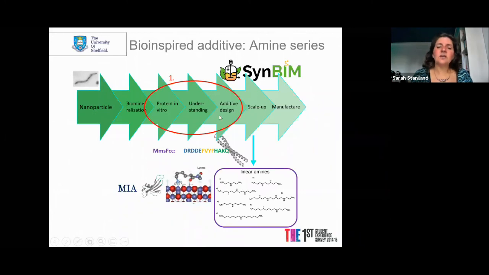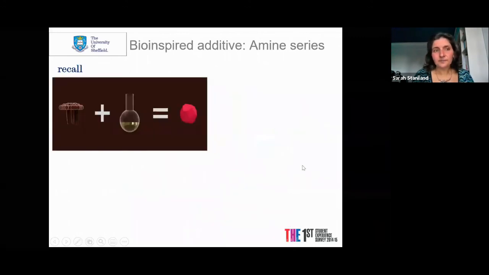So if we're looking at scale up, maybe we should not look to proteins at all. Maybe we should go beyond that to very simple organic molecules. We've got these amine residues that are really important for binding to the surfaces, so why not just screen a whole range of linear amines? We looked at the ethylene diamine series, where we have 2 carbons between our amines at varying lengths.